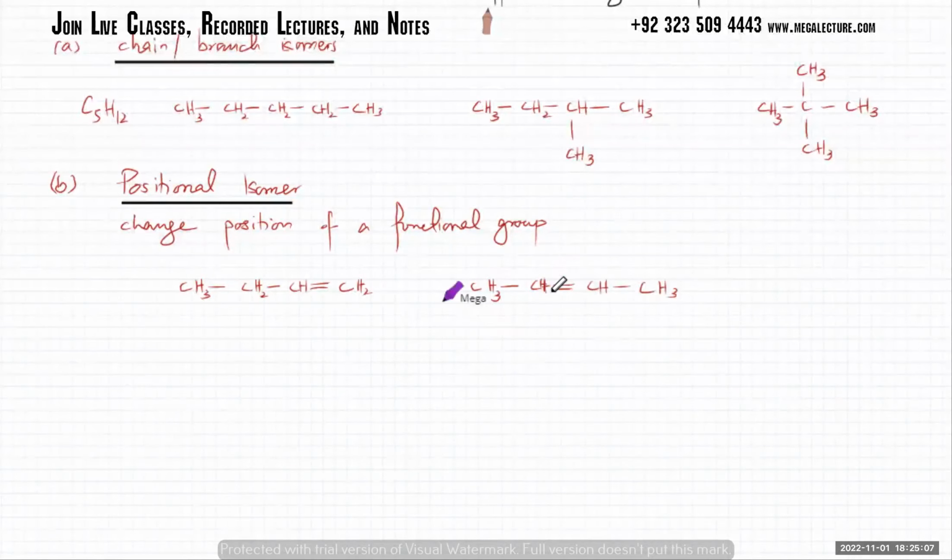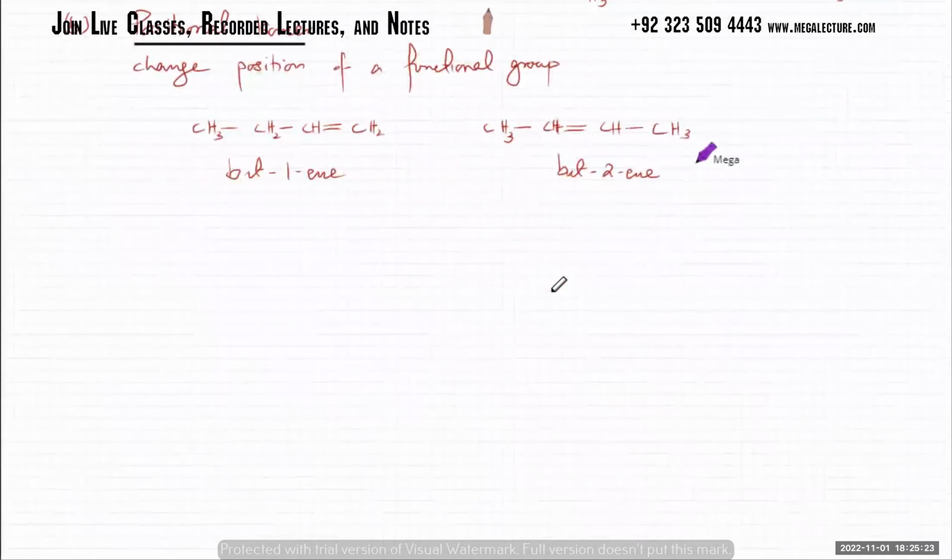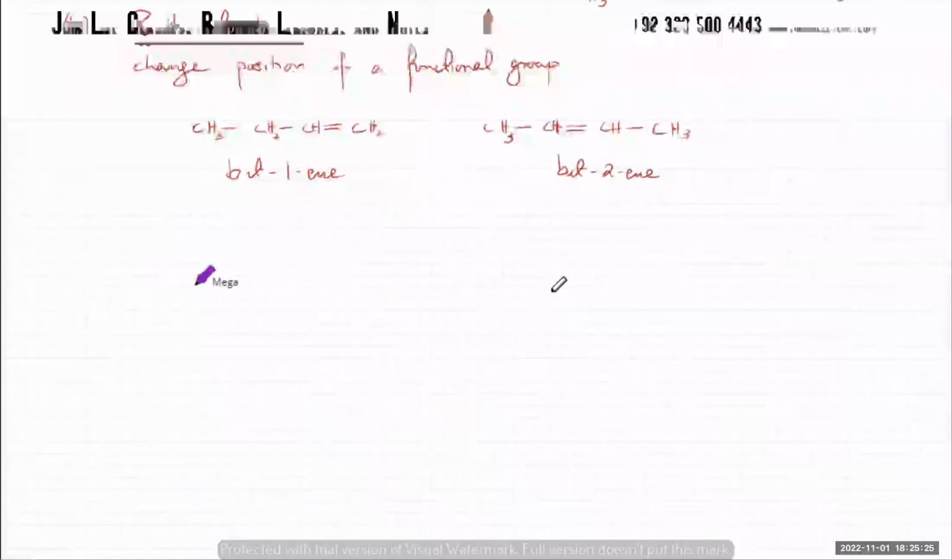So one of them is but-1-ene, the other one is but-2-ene.